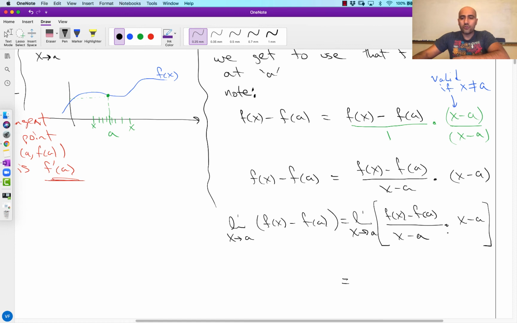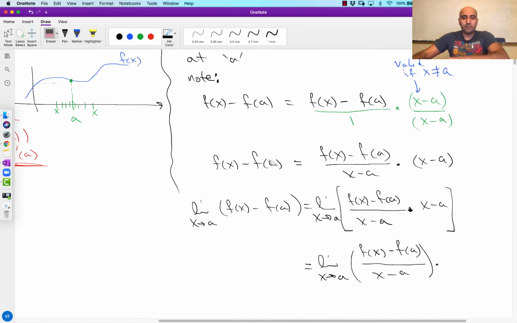From our work with limits, we know that if we take the limit of a product, we can separate it into two different limits. So this will be the limit as x approaches a of f of x minus f of a all over x minus a, times the limit as x approaches a of x minus a.